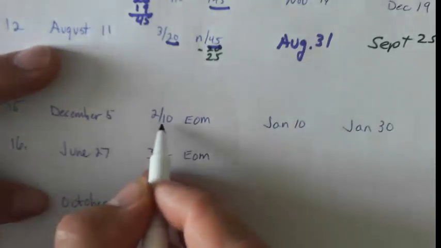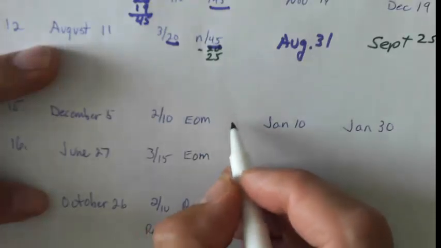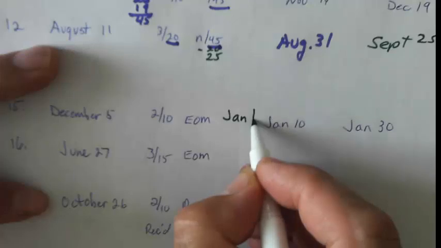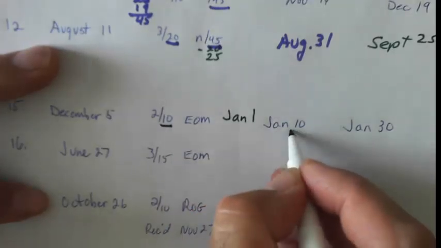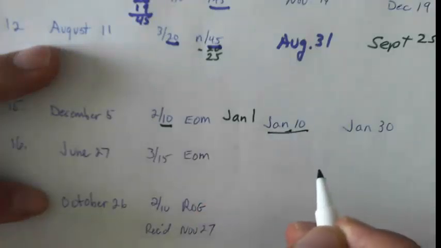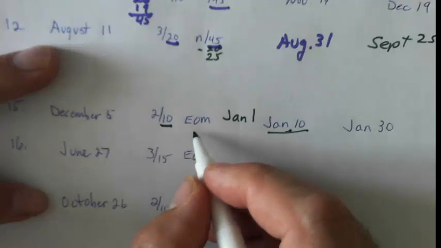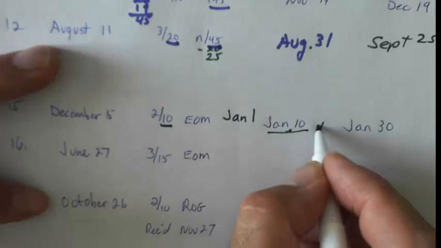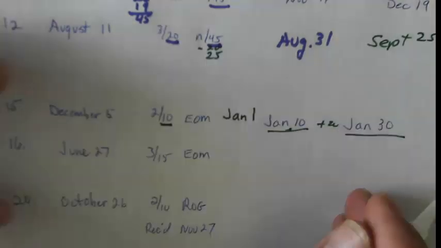We don't even start counting until the start of the next month, so that would be January 1. We've got 10 days to apply that discount, and that's where they got January 10th. The second nuance is that everything is due 20 days after that, so we add another 20 days onto January 10th. Hence, they got January 30th.